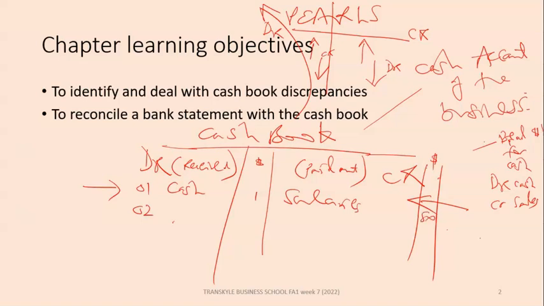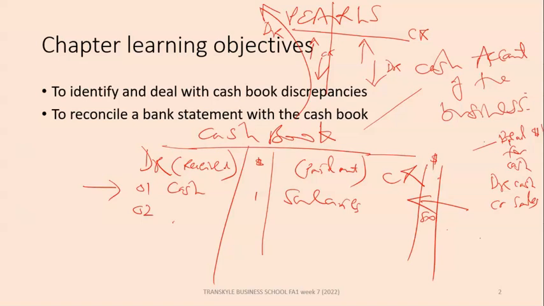It doesn't mean that on the debit side we have received an equal amount of $80 for salaries. The cash book only records the cash that has been received or paid by the business. It doesn't mean that you receive and automatically pay, or you pay and automatically receive. It doesn't work like that.